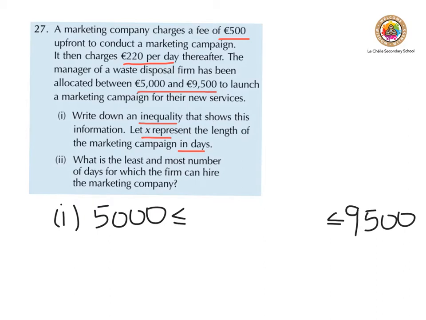And also, well, I know my standing order, my upfront fee in the question I was told was 500 euros. So that bit's going to go in here in the center. And then what happens? Every day it goes up by 220 euros. And I'm told to let X represent the number of days. So here I'm going to just write in plus 220 times X. And that's my inequality for part 1.